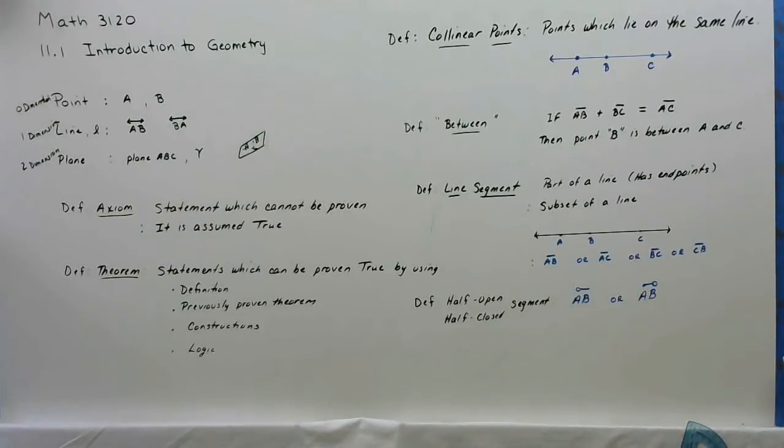Whereas if you have an open segment, this implies the whole thing is open. So you probably already made a prediction. That means if I'm starting at A and I'm ending at B, if it's an open segment, it doesn't touch A and it doesn't touch B. So they're both open.